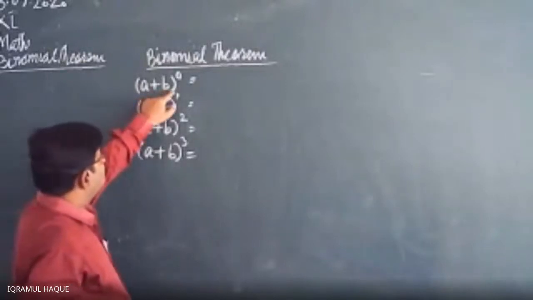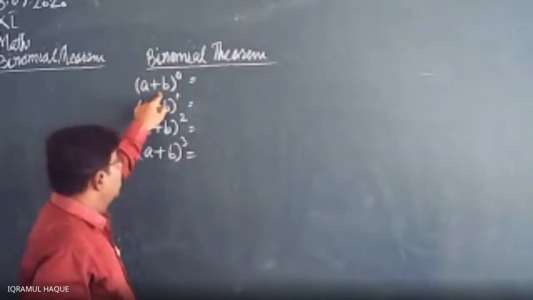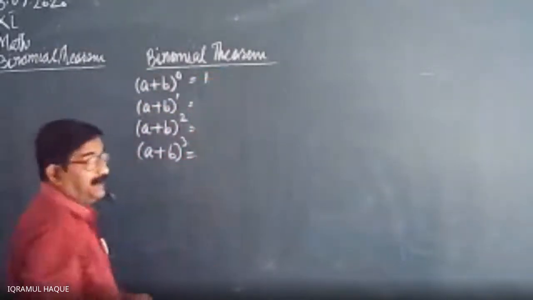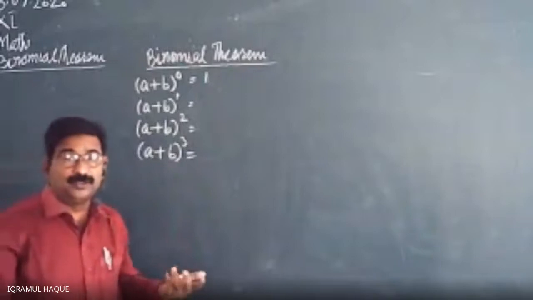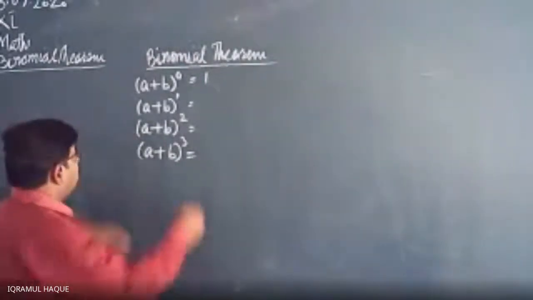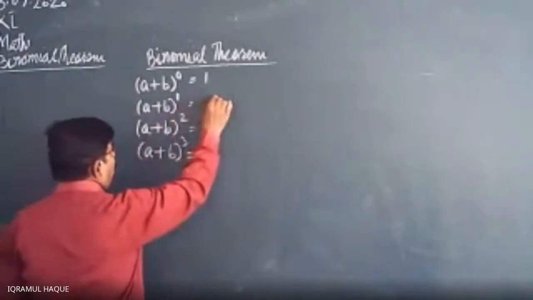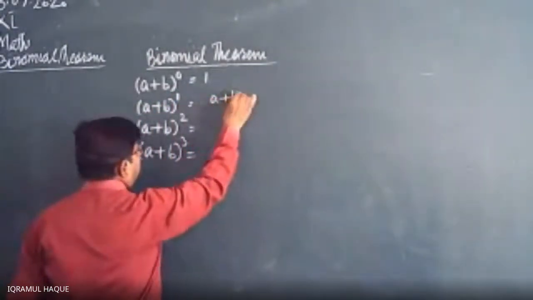a plus b whole to the power 0 means it is simply 1. Any number having exponent 0 is equal to 1. A plus b having power 1, this is a plus b.